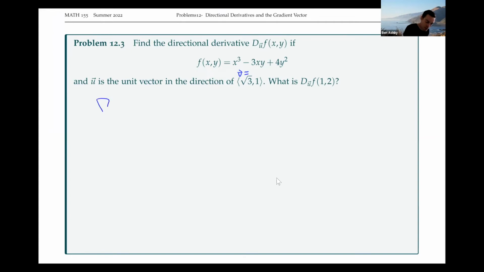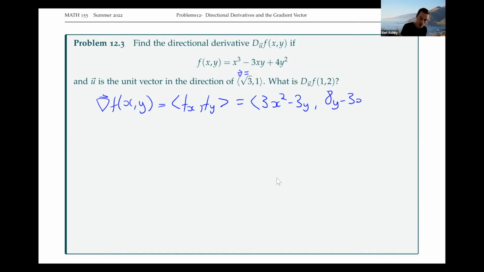So the first thing we need to do is calculate our gradient vector. So grad of f is equal to (f sub x, f sub y), which is just (3x squared minus 3y, 8y minus 3x). And this vector v is not a unit vector, so we need to work out our unit vector.